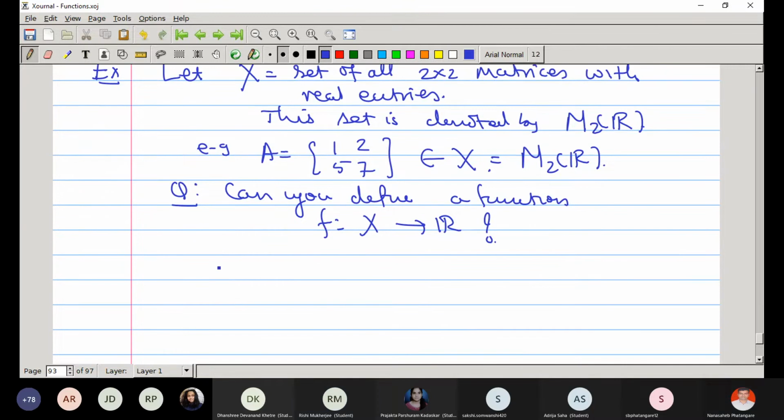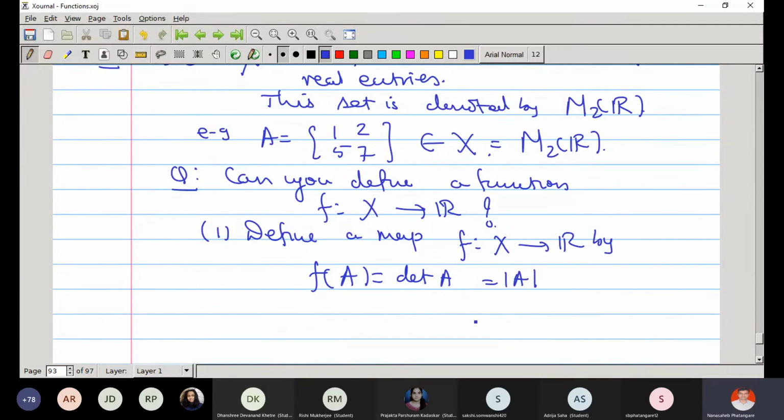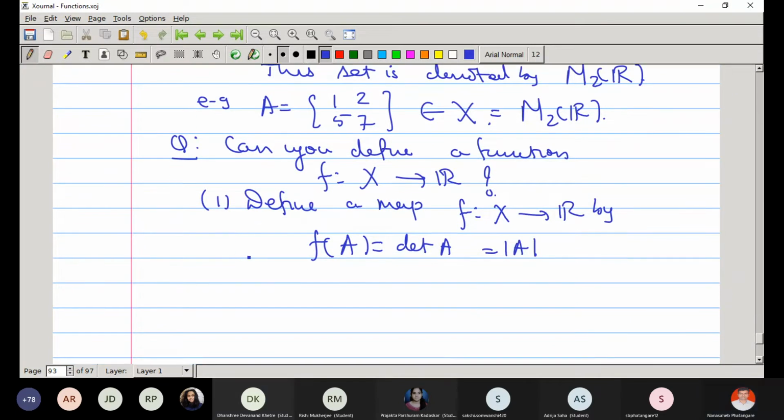Determinant. So define a map f from X to R by f of A equal to determinant of A. Is it a real number? Determinant is a real number, yes.